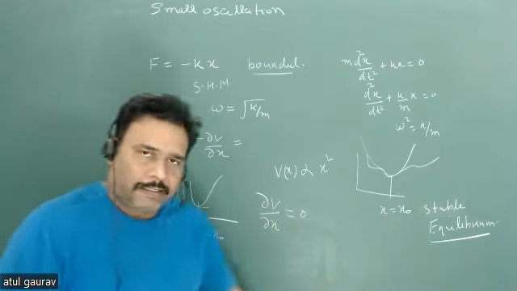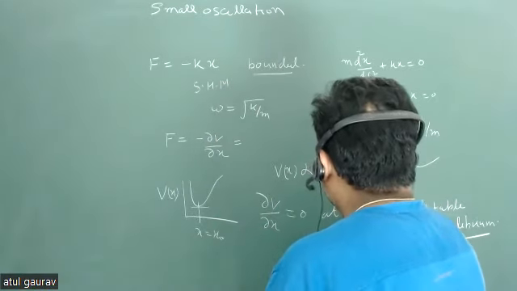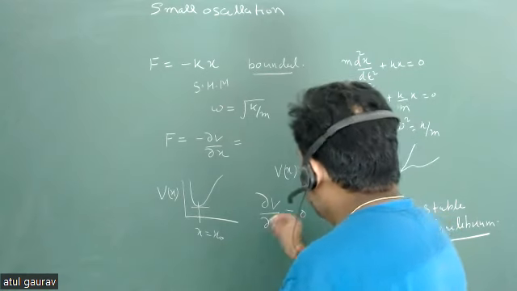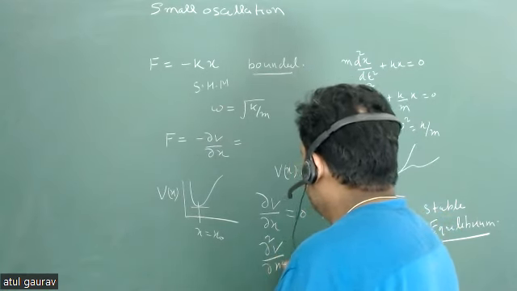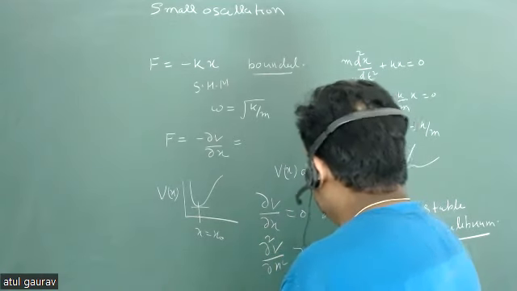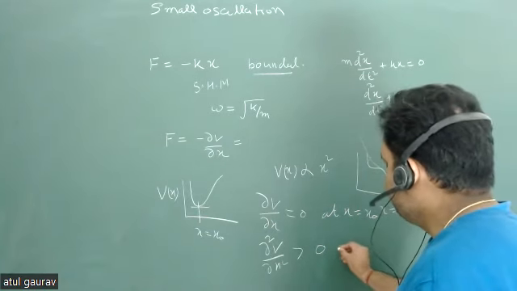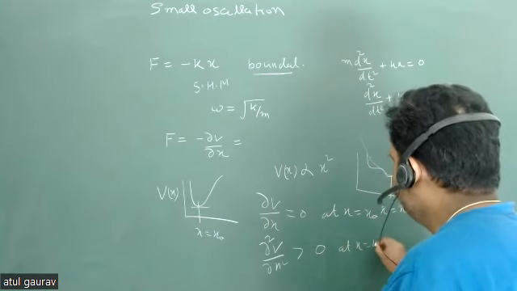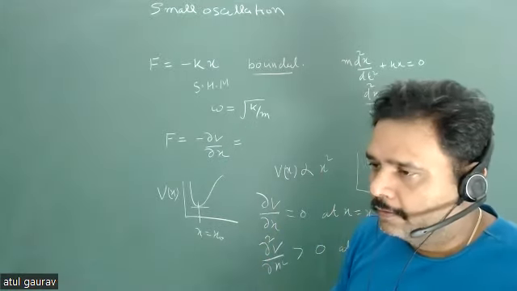So del V upon del X must be equal to 0 at X is equal to X naught, as well as the second order derivative del square V upon del X square must be greater than 0. So it will be a minima at X is equal to X naught, and then it is identified as a stable equilibrium point.